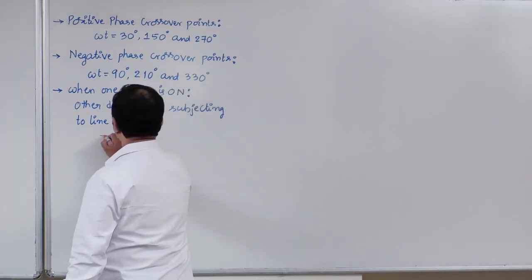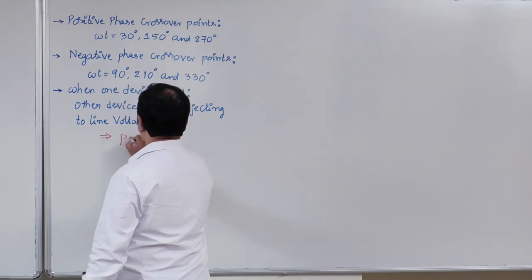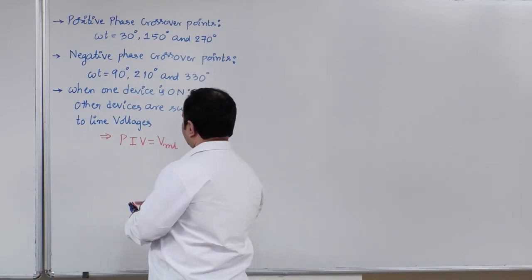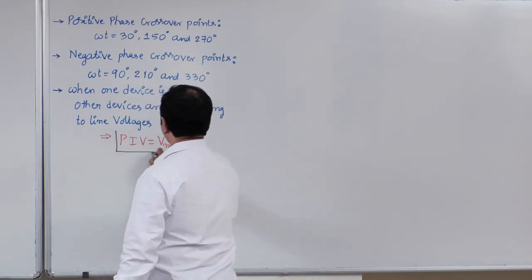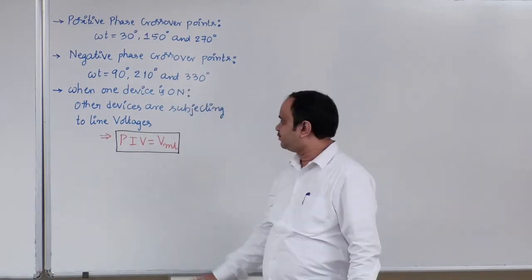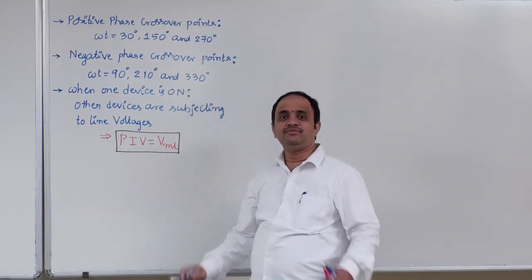Therefore, from this we can say that peak inverse voltage for a particular device is equal to VML, the peak value of that particular line voltage.